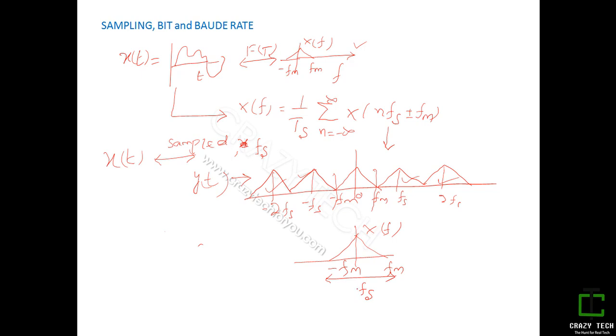But in a practical scenario, negative frequency does not exist. So our computer only stores the positive part of the frequency, which is 0 to fs by 2.